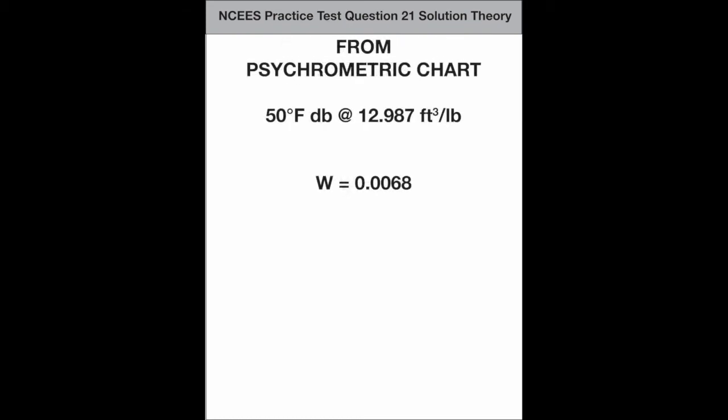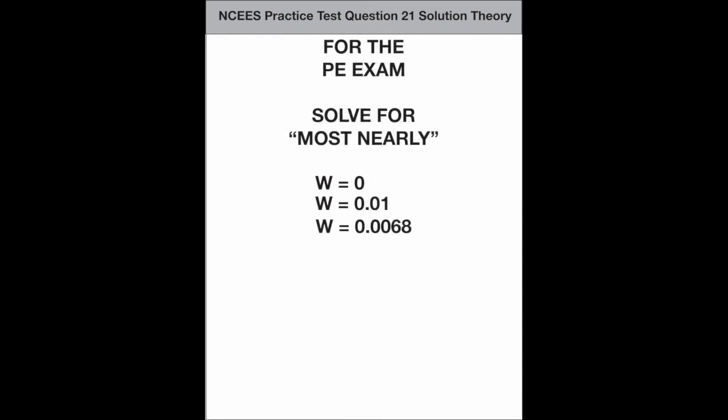But from the psychrometric chart at the intersection of 50 degrees dry bulb and 12.987 volume, the humidity ratio is roughly 0.0068. When doing calculations in the PE exam, you're solving for most nearly values, and the difference between 0 or 0.01 or 0.0068 will likely not affect the outcome significantly enough to take you far from the desired solution value.